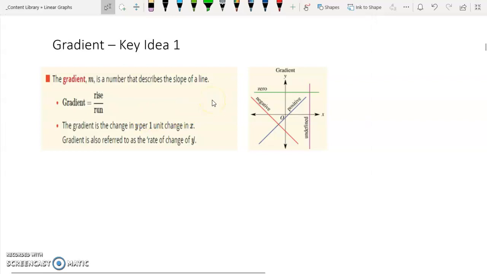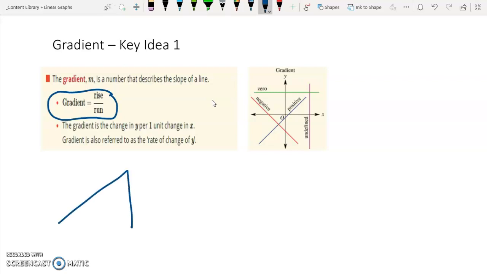We would have seen this important thing here: rise over run. What that means is we have a straight line going up in this direction. This is our rise. This is our run. From this point here to this point here is our run.